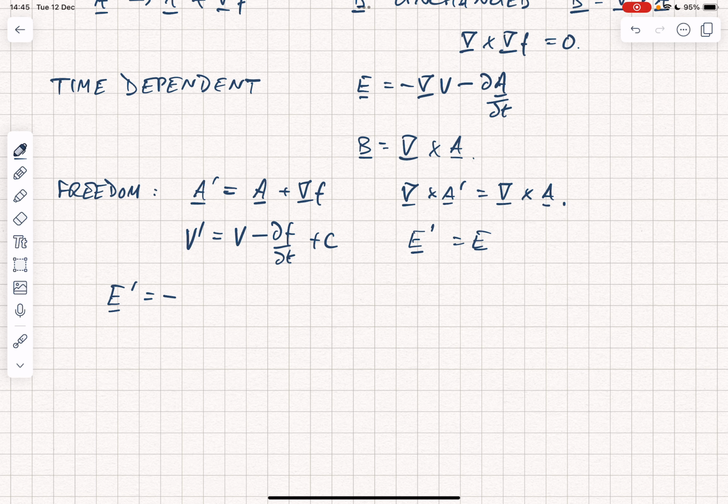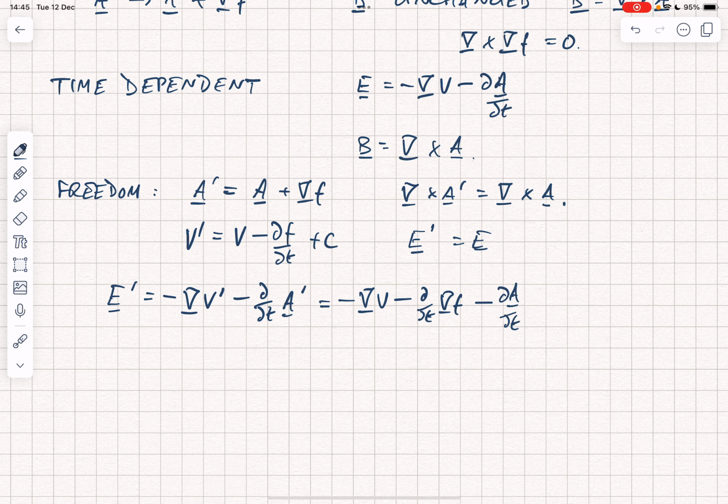So E prime is minus the gradient of V prime minus d by dt of A prime, and that is equal to minus the gradient of V minus d by dt grad f. That's coming from this part, V minus df by dt, and the gradient of c is just 0. And then we add in the dA by dt minus d by dt of grad f.